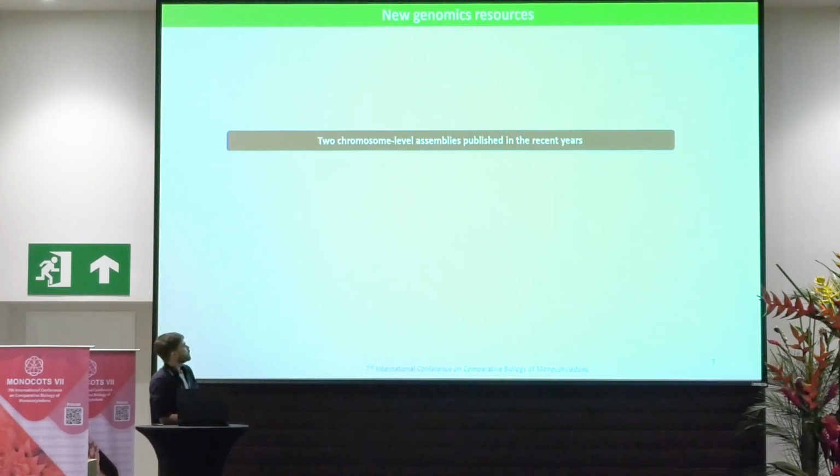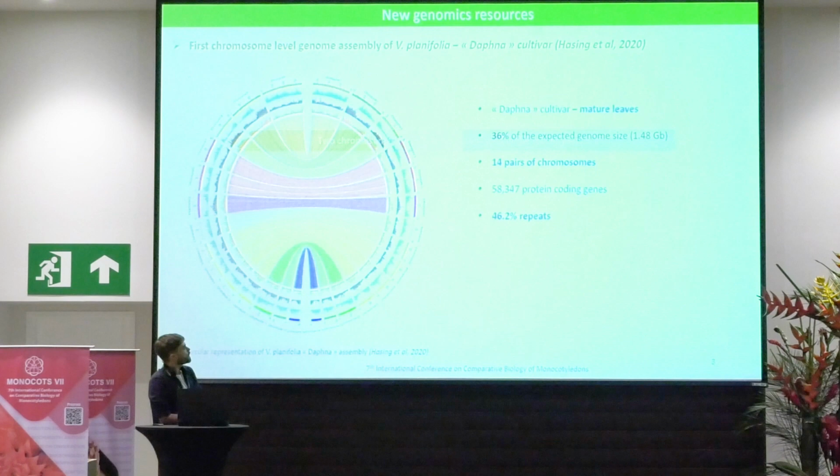It's only in recent years that efforts to characterize this sequence have been made, with two chromosome-level assemblies published. The first one was published by Eising and his collaborators in 2020. They used the cultivar named Daphna.